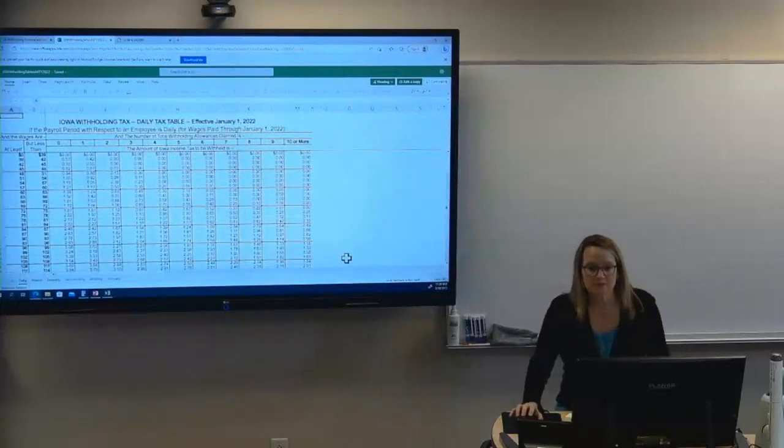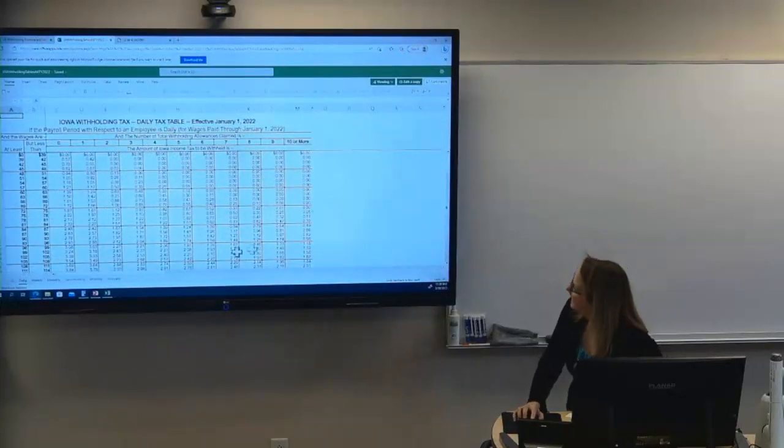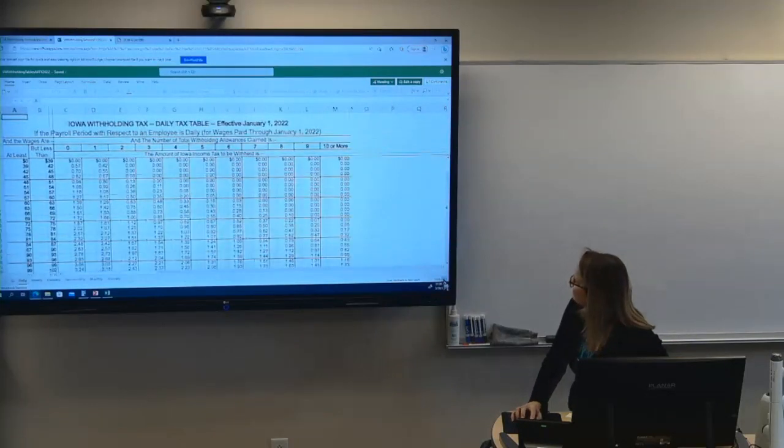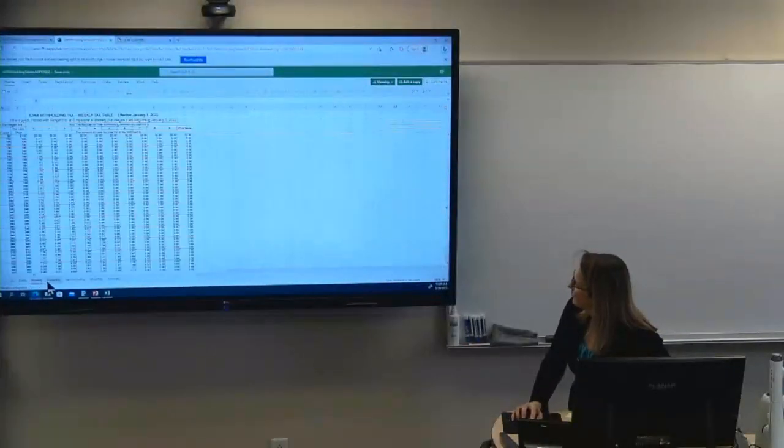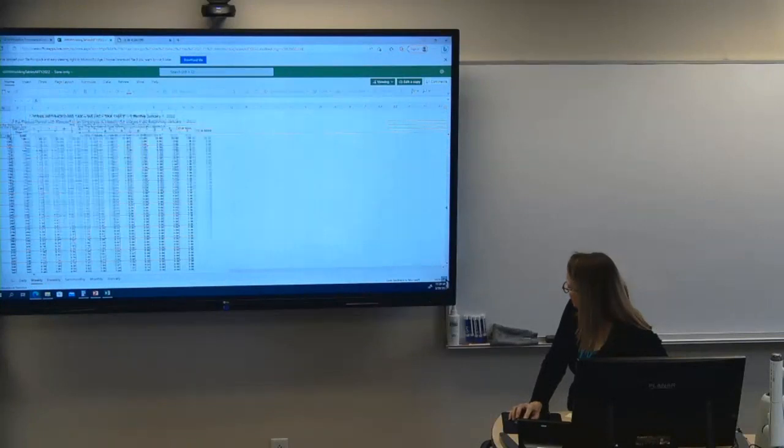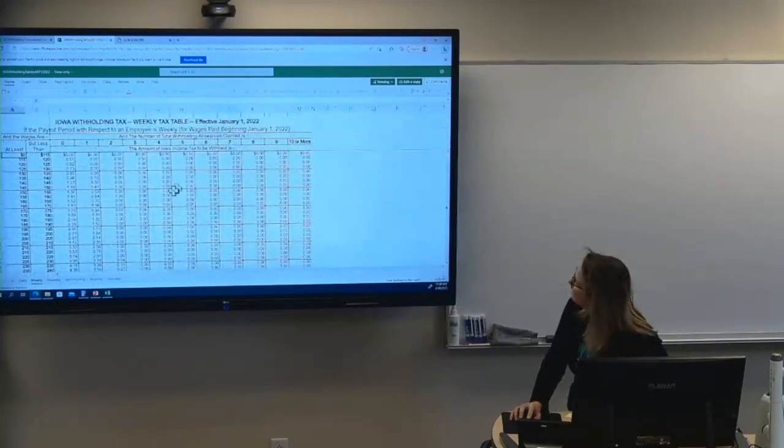There's a table. And down here, they have this in an Excel format. That's still pretty small. So daily tax table. If you were paid on a daily basis, weekly tax table. Again, why do I have to do that more than once?